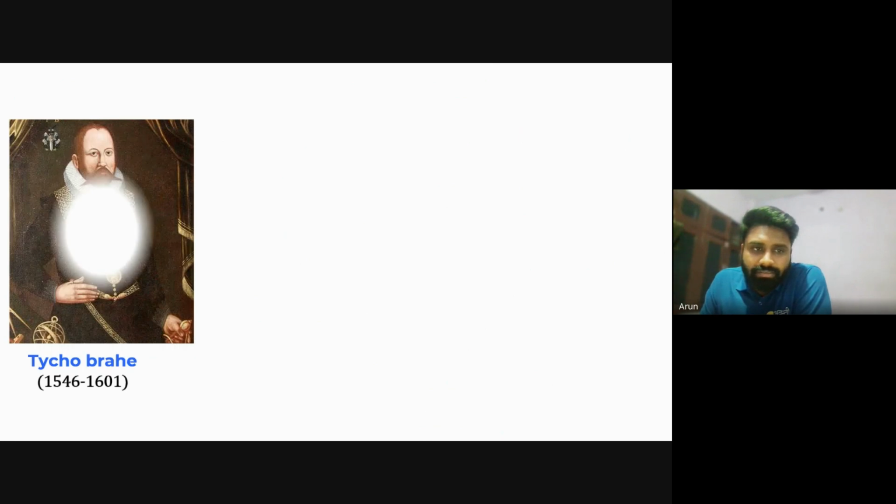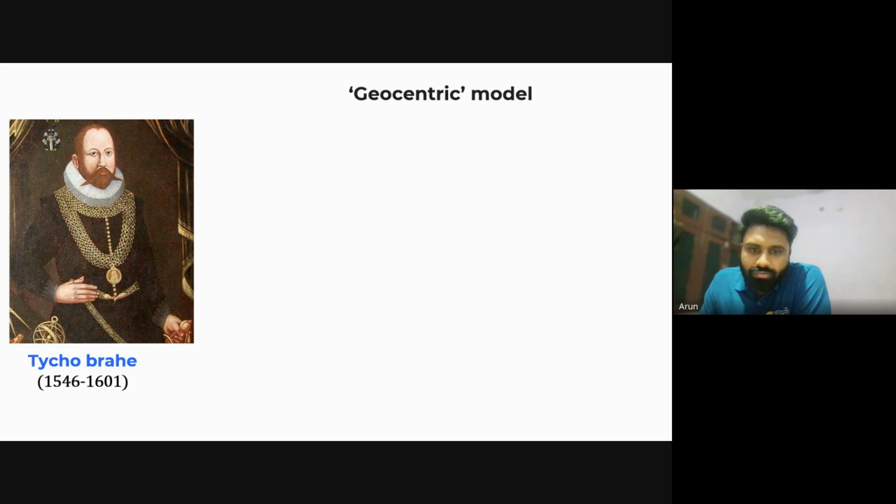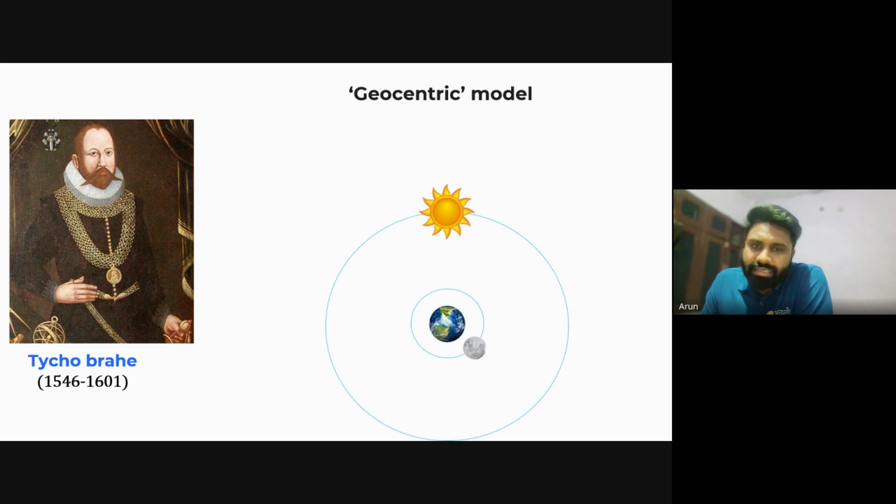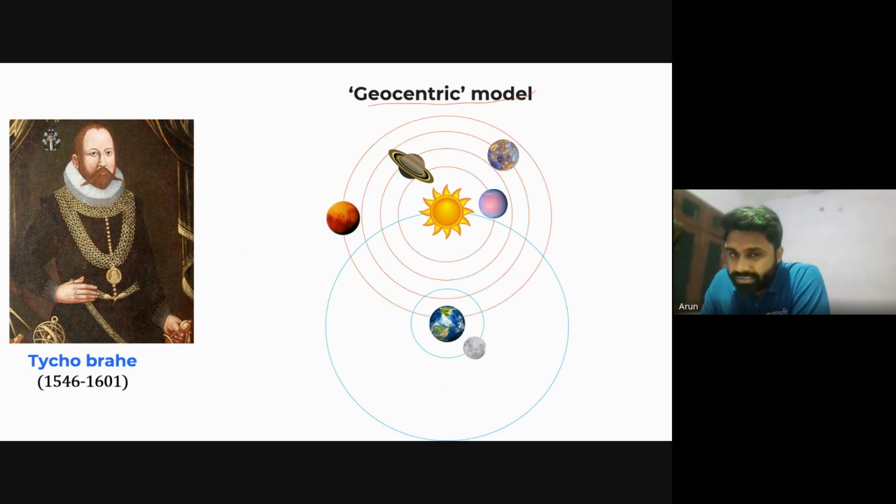After that, we have this person, Tycho Brahe. Based on the data collected from the previous observations or previous models, he developed a model by himself and named it the geocentric model again. But the feature of this model is that he told us that each and every planet of the solar system is revolving around the sun, in circular orbits.